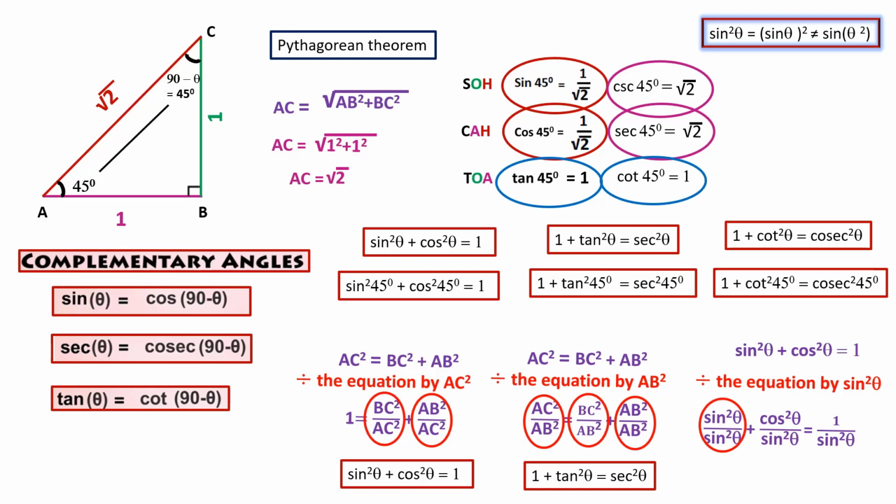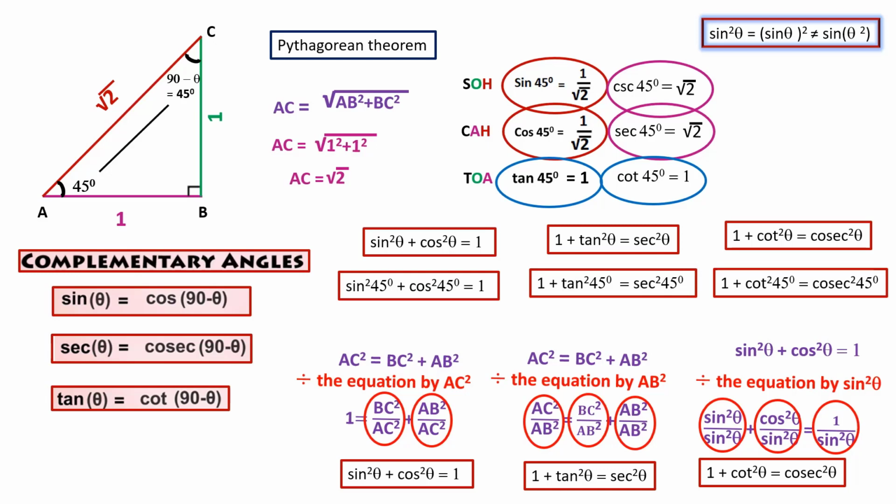Cos square theta by sin square theta, which is the reciprocal of tan theta, remember, that will be your cot theta. And then that is equal to 1 by sin square theta, that means the reciprocal is cosecant theta, which will give you 1 plus cot square theta is equal to cosecant square theta. This is how we do it in terms of theta.